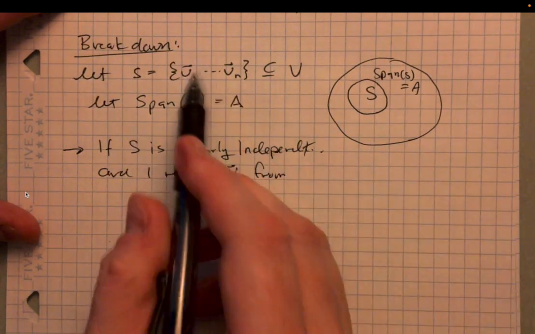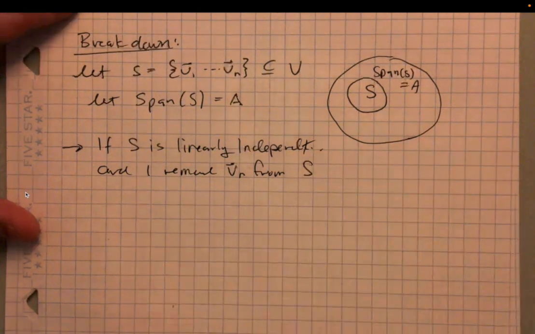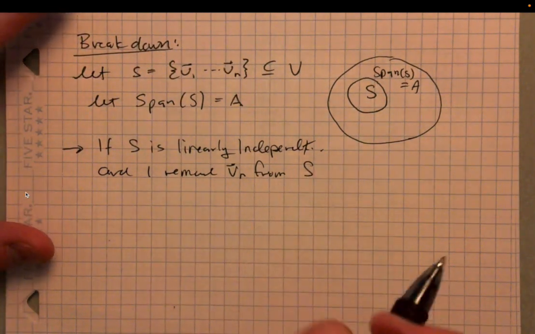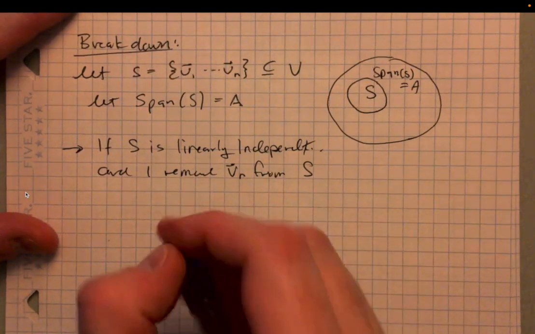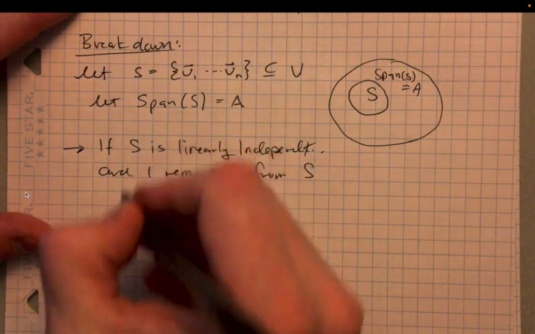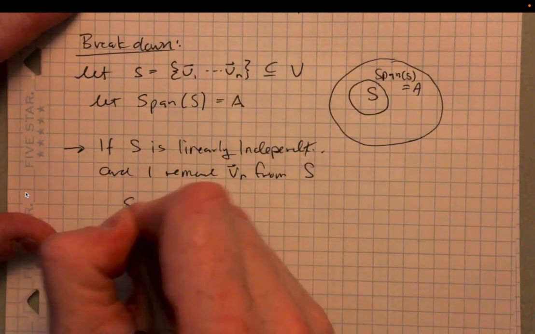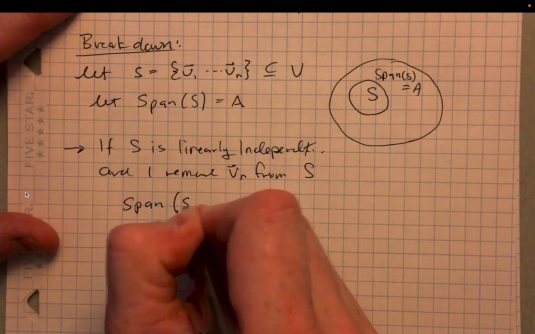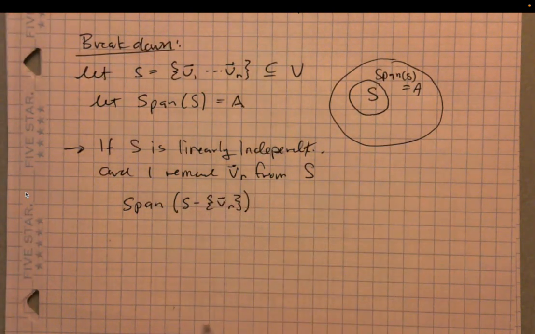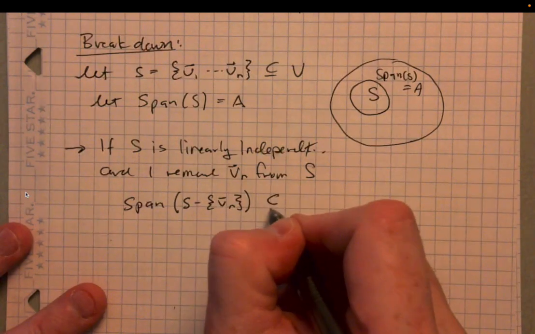So I'm saying let's remove the last vector here. What happens to the span of S? Well, the span will be smaller. The span of S minus Vn is going to be a proper subset of A, a proper subset.